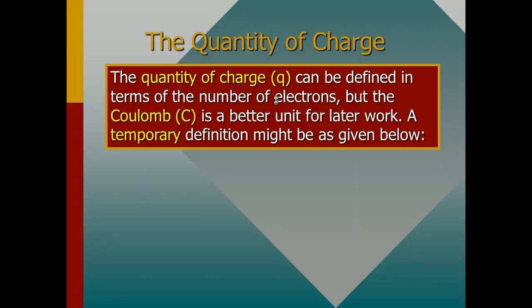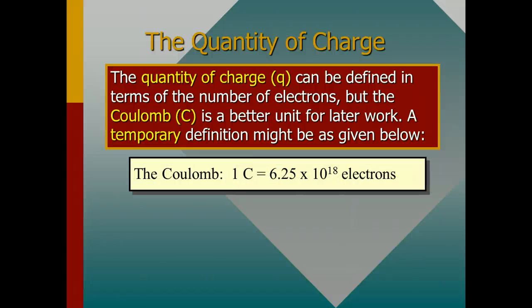It was discovered that electrons had certain amounts of charge associated with them, specifically by a gentleman named Millikan. And it was determined then that the unit Coulomb was made up of a certain number of electrons. So the Coulomb was the unit that was made up first, and the Coulomb was determined to be made up of a certain number of electrons.